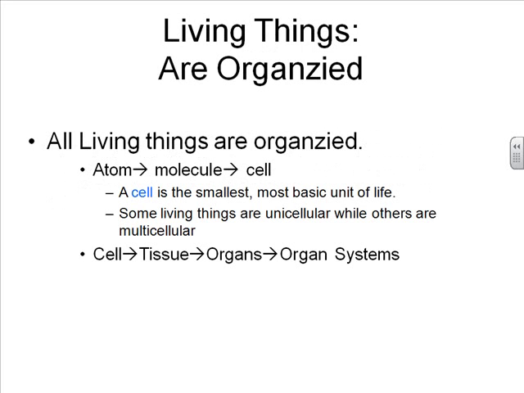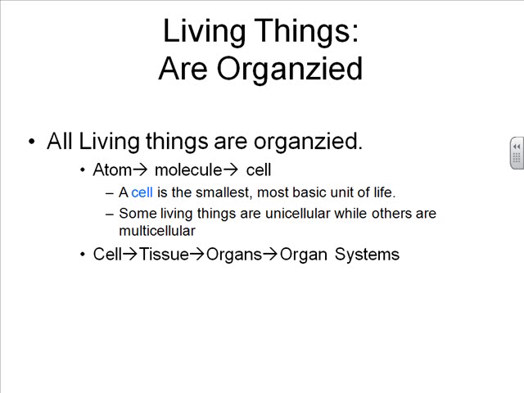So looking at the characteristics, we know that very first thing, all living things are organized. You begin with an atom. Atoms can make up molecules, a molecule of oxygen, a molecule of hydrogen. You put together those molecules and you build a cell. Now a cell is what we consider the smallest, most basic unit of something that is living.